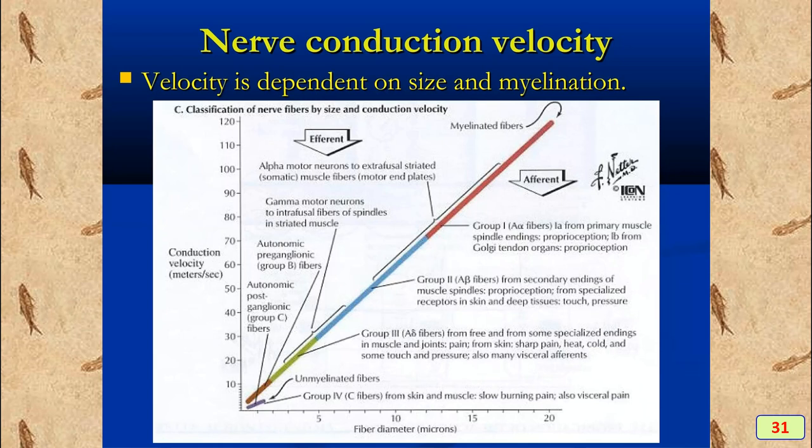The neurotransmitters involved in the afferent type of system are not well understood, whereas in the efferent it is always either acetylcholine or epinephrine. The afferent also contain alpha and beta fibers and unmyelinated fibers, and the fiber diameter is very small in the initial stage and goes on increasing later.